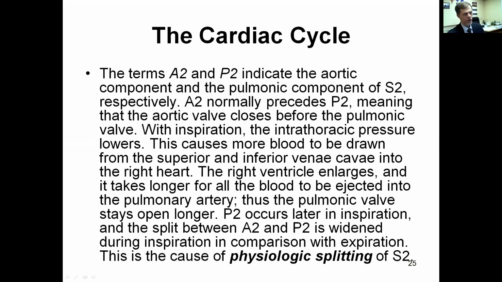The right ventricle accepts more blood and enlarges, and it takes just a longer time to eject this blood into the pulmonary artery. As a result, we have some delay in closure of P2. Normally, A2 precedes P2. But if we have even some enlargement of this distance because of delay of closure of the pulmonic valve, we can find this as a splitting. We can find something like this.